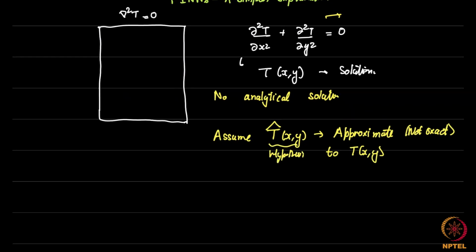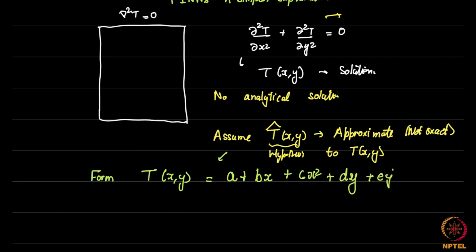Not only that, I would ask you to recollect what I had talked about earlier in machine learning: I am going to give a form that this approximation takes. Except now I'm going to take a very simple form. Last time I took a neural network, where we can't make head or tail of what it is doing. But here, I'm going to assume T of x, y equal to a plus bx plus cx squared plus dy plus ey squared plus, let's say, fxy.